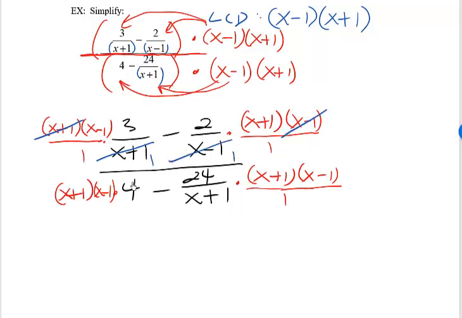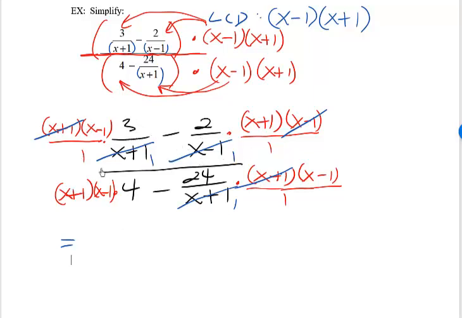In the third one, nobody drops out. I don't have any fractions there. And in the fourth one, it's the x plus 1s that drop out. If you look across the board, there are no little denominators anymore, which means we've just wiped out the complex fraction.